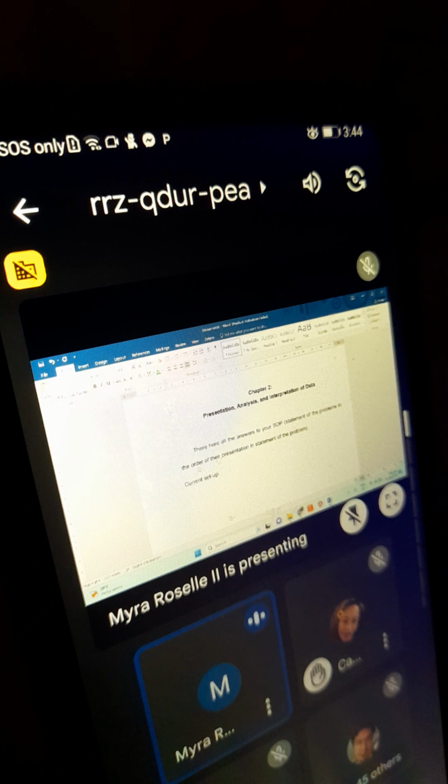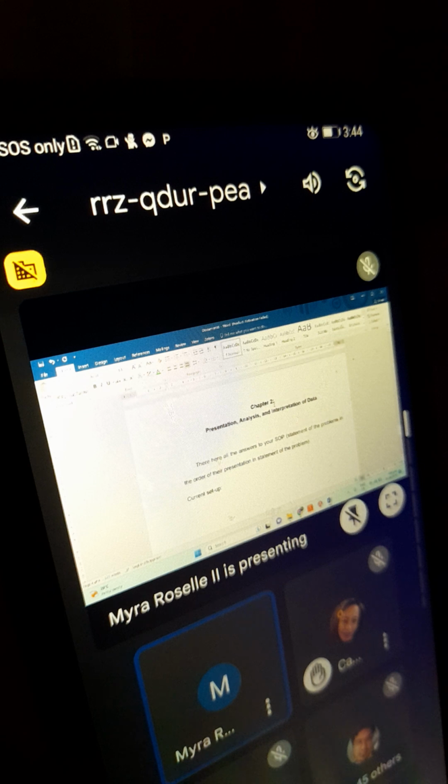If second is problems encountered, problems encountered. Okay? If it's the presentation of chapter 2 is based on how you ask the question in the statement of the problem. Take note, this is already chapter 2, pero kanisha, you need to cover this.